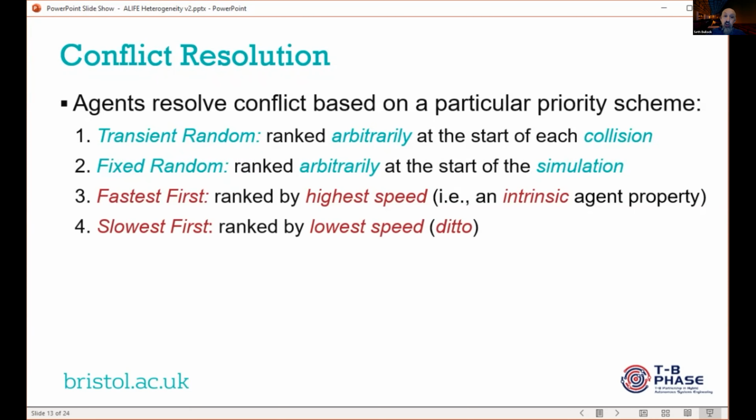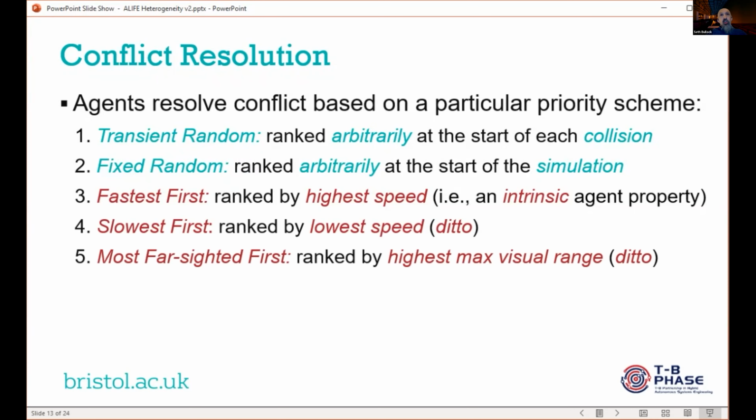And we also have this second property, which is the visual range that a robot has. In a system where the maximum visual range of a robot is different between the robots, when there's heterogeneity in the maximum visual range, we could prioritize the agents that have the maximum, the most far-sighted individuals.